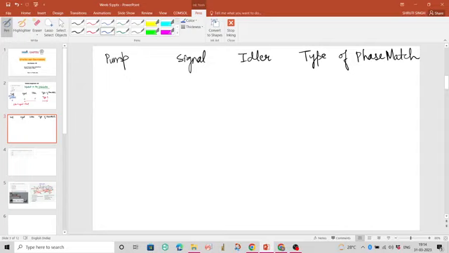So the other type will be if this is E, the signal is O, and the pump which gets generated is E. So this one is type 2.